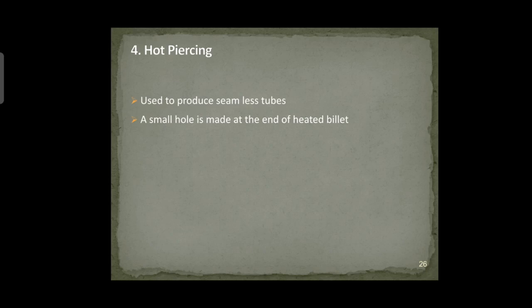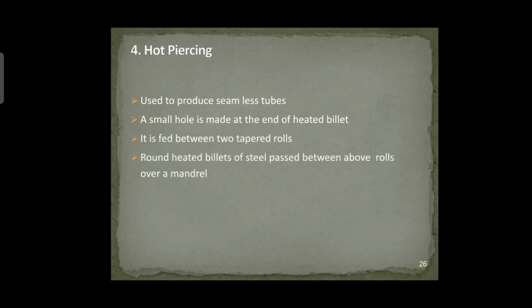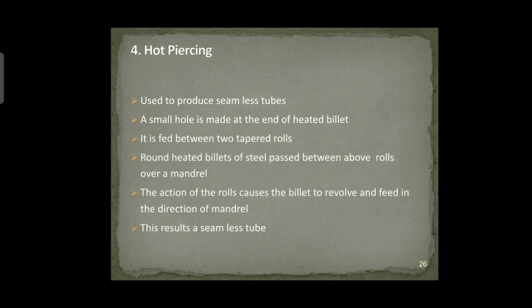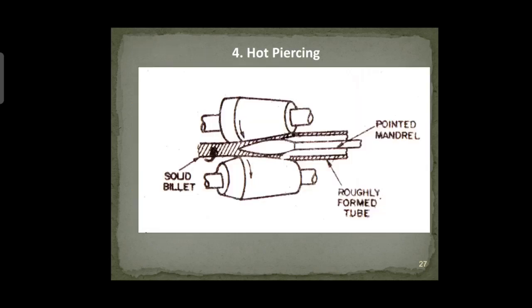So for this, a small hole is made at the end of the heated billet. Just go through this line diagram. Consider this is a solid billet. A long solid billet is there.